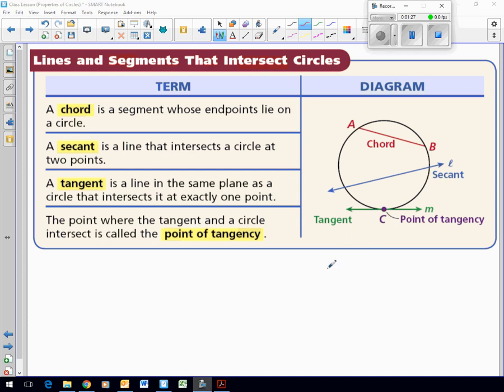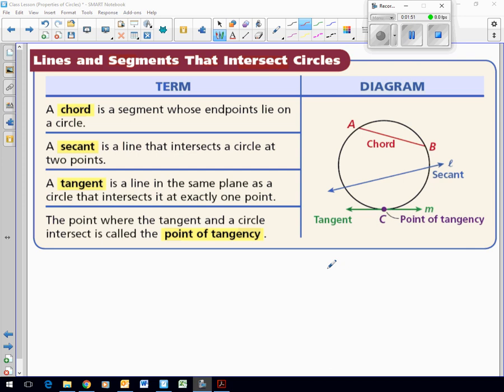All right. So a chord is a segment, a line segment, whose endpoints lie on a circle. When we look at a circle, I'm going to use the word rim to talk about the edge of the circle. Very simple.